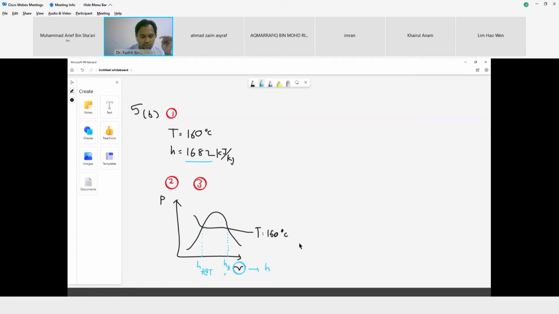Yang ni pun sama, at the given temperature. Okay, so look at temperature table. Now is temperature table. Just now is pressure table, but now temperature table A4 for water. So go for 160 degrees C and then get the value of HF and HG. HF is 675.47.